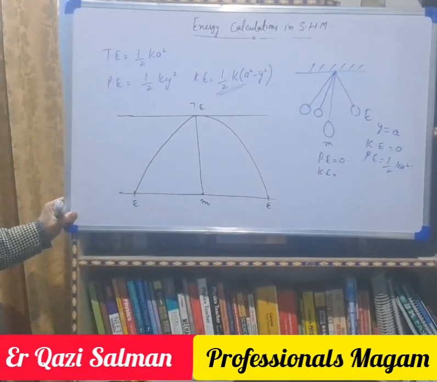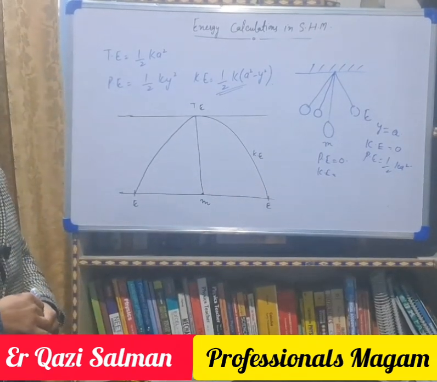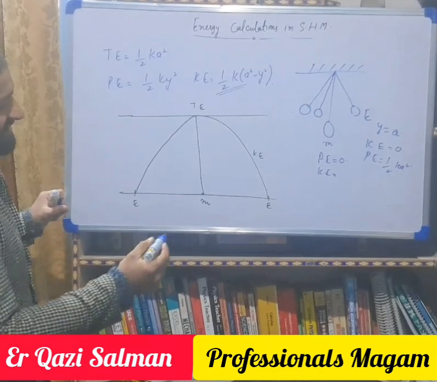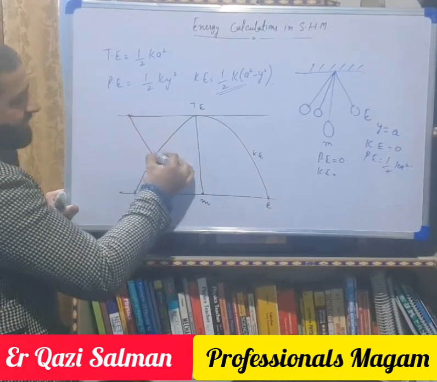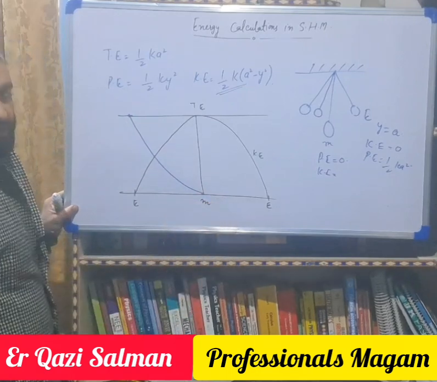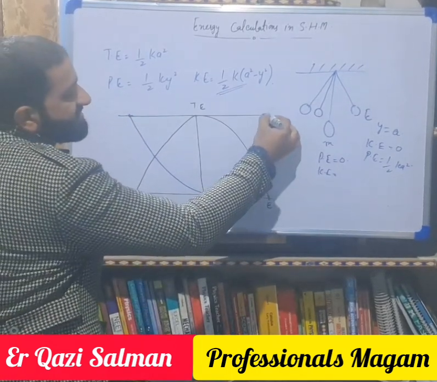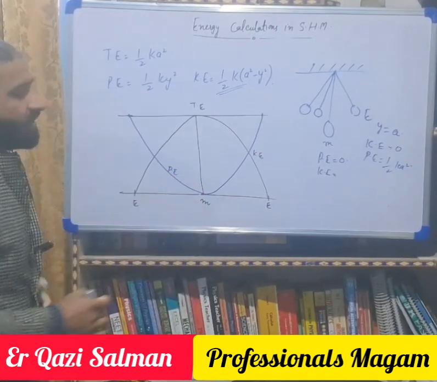At the extreme position, it is again equal to 0. This curve is the kinetic energy curve. If we talk of the potential energy curve, potential energy is maximum at the extreme position, goes on decreasing and is minimum at the mean position, and from mean to extreme it goes on increasing and is maximum at the extreme position. So this graph is of the potential energy.